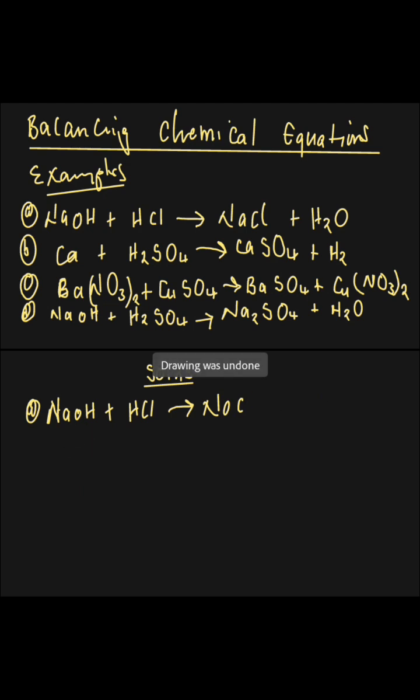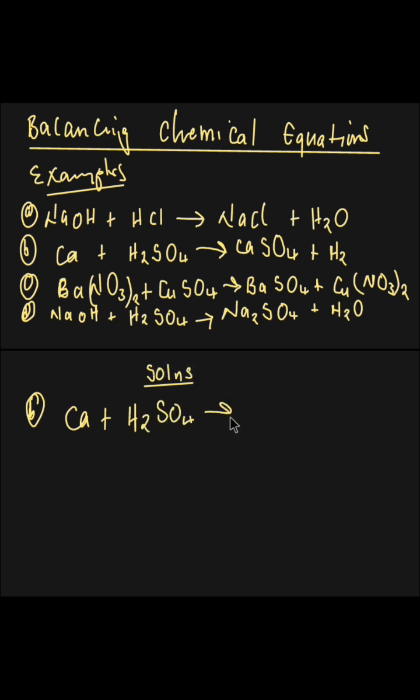So quickly, let's see if we can try this. This is example B. We are saying we have calcium reacting with sulfuric acid to produce calcium sulfate and hydrogen gas. So you do the exact same thing.